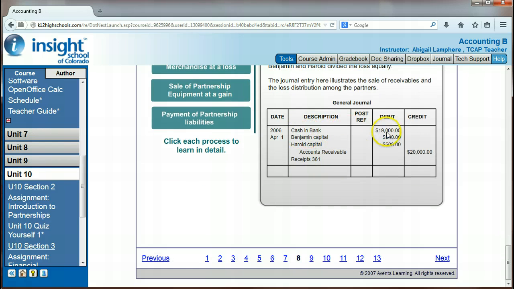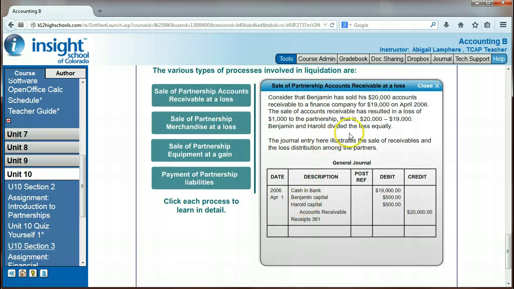We received $19,000, so that goes to our cash and bank. We had to incur a loss of $1,000, and we said the loss is split evenly by our partners. So for Ben, we are debiting his capital account, and a debit to the capital account decreases our capital.